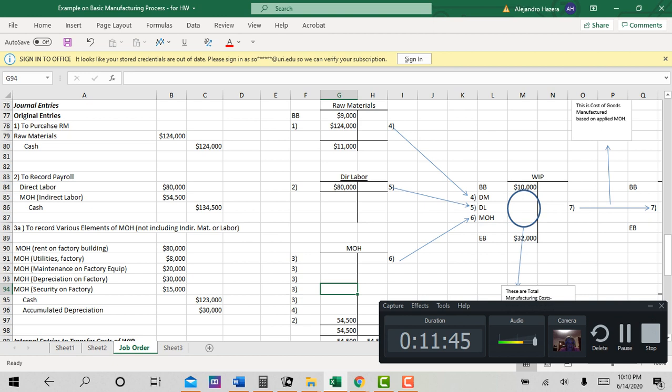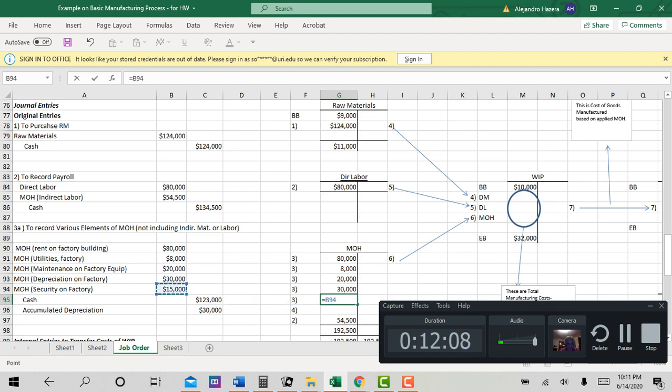And then for manufacturing overhead, I've got 5 entries right here just for different types of miscellaneous manufacturing overhead. That is 80,000 for rent of the factory, 8,000 for utilities. We've got 20,000 for factory equipment. We've got depreciation on the factory for 30,000.